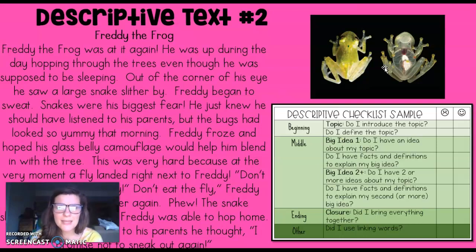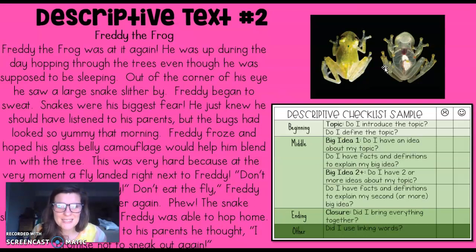Now, my gut tells me that's a narrative, a silly story. But let's go through our checklist. So, do I introduce the topic? Freddie the Frog. All right, it's got a topic. There's a smiley face. Do I define the topic? Now, it did talk about Freddie the Frog as a character, but descriptive writing is nonfiction, so it can't be a silly story.